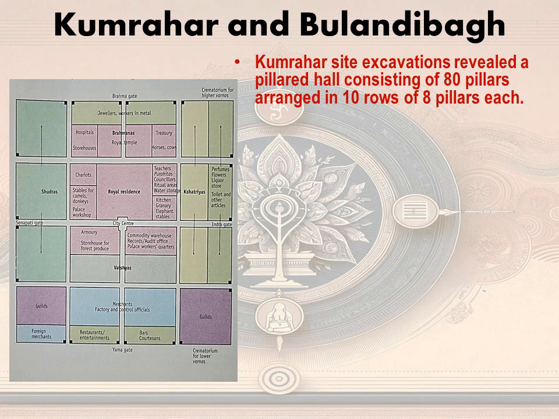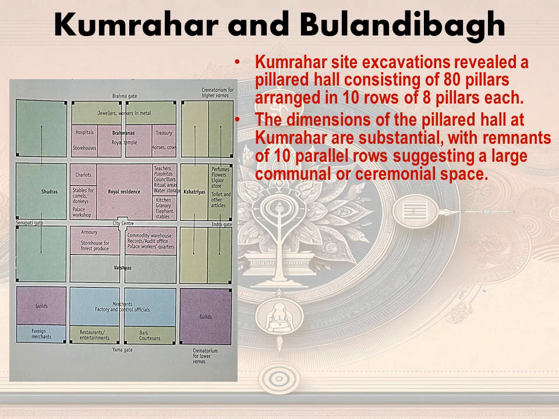Therefore, we get evidence of a pillared hall from the site of Kumrahar. The dimensions of the pillared hall at Kumrahar are substantial, with remnants of 10 parallel rows suggesting a large communal or ceremonial space. So this must have been a very large communal and ceremonial space which was used for town gatherings.